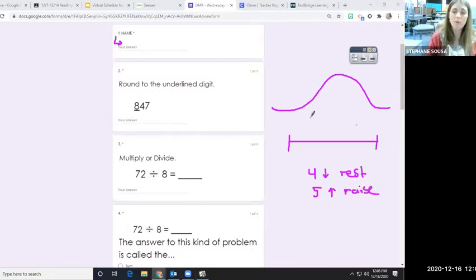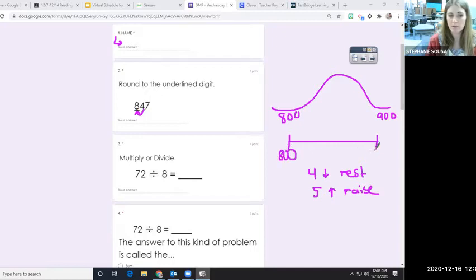I think the problem is we're confused about which number is in charge or which number tells us what to do. Remember, when we round to the underlined digit, the place value next to it is in charge. So in this case, we're rounding 847 to the nearest hundred. So we know that 847 is between 800 and then the next biggest hundred would be 900.